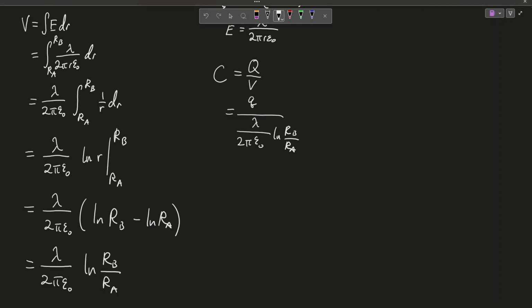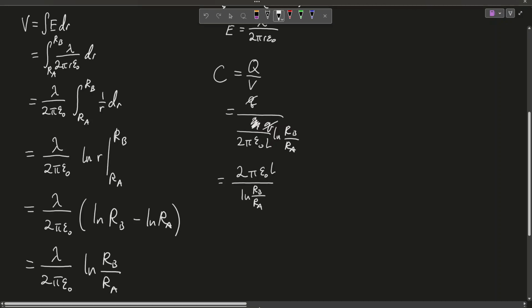Now lambda we will replace with Q over L. So now these cancel out. We'll reshuffle our fraction a little bit: C equals 2 pi epsilon naught L over ln RB over RA. And there you have it. Cylindrical capacitor.